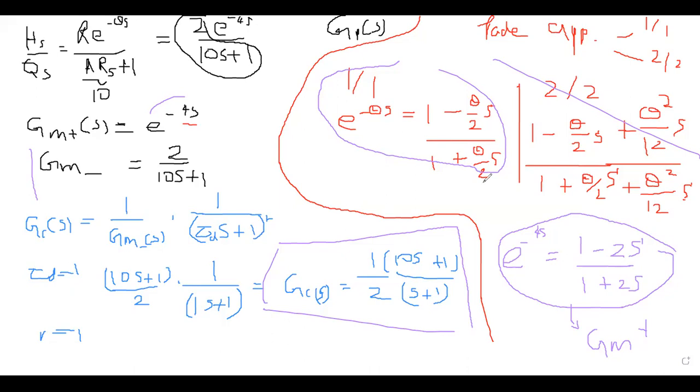I don't have space here. I'll have to clear all this. Right. So with the approximation, we can write e to the minus 4s.